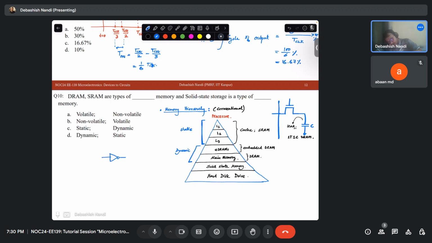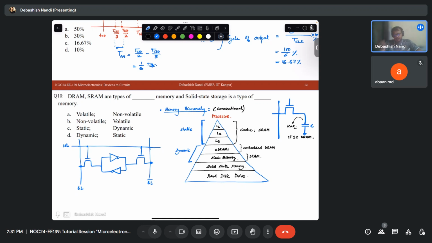SRAM will be something like this, your 6T SRAM. So this will be bit lines, this will be your word lines, okay?